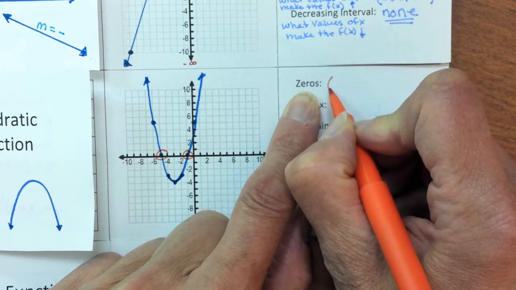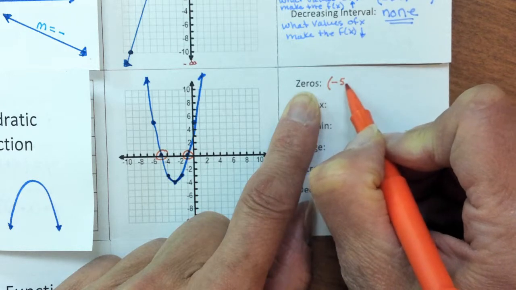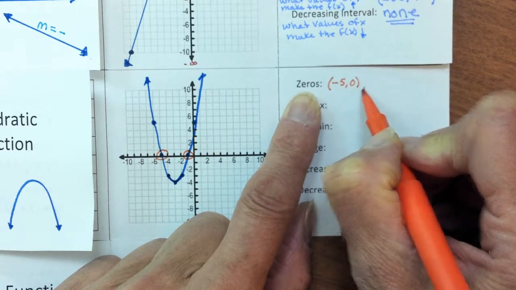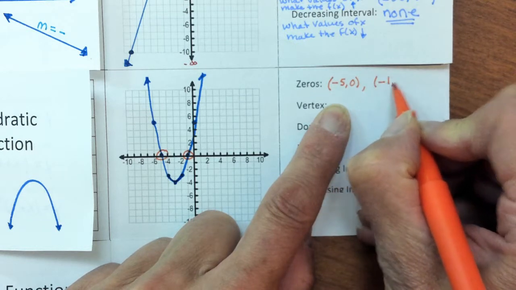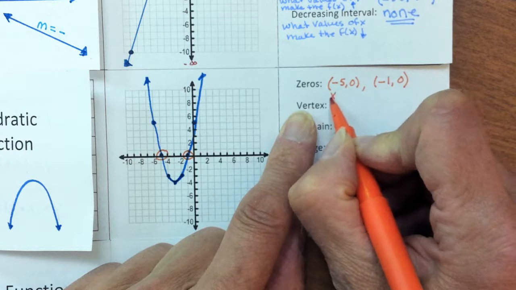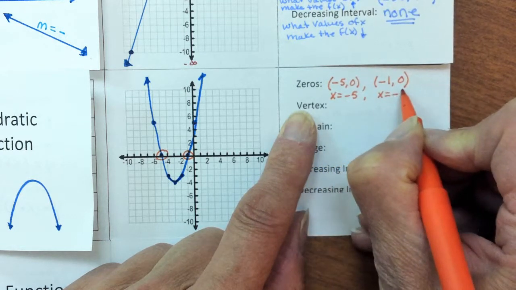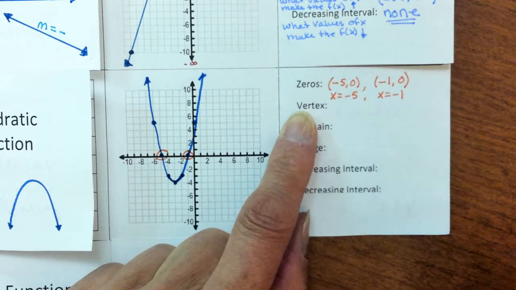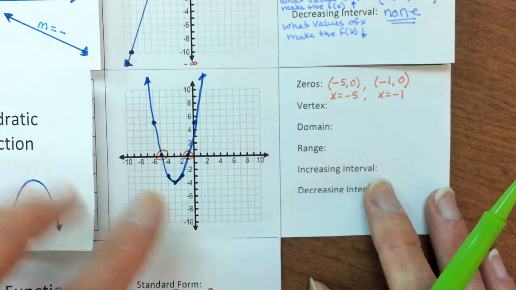So I have a 0 at -5, 0, and I have one at -1, 0. Actually, I'm also going to write this as x equals -5 and x equals -1. Those are my zeros.